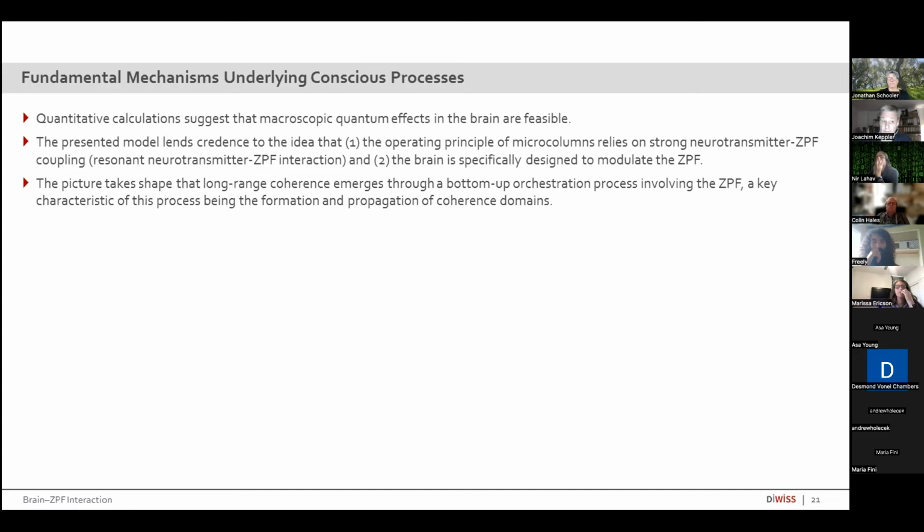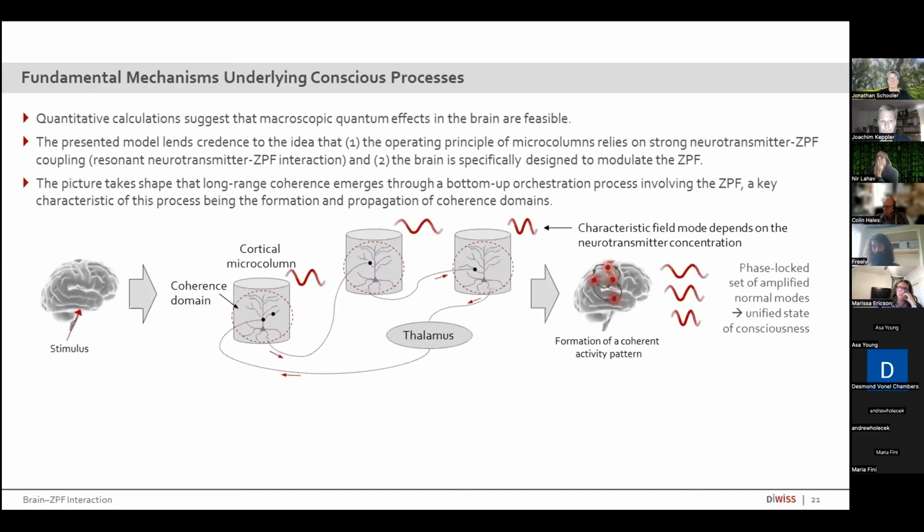And so the picture takes shape that long-range coherence emerges through a kind of bottom-up orchestration process involving the zero-point field. And a key characteristic of this process lies in the formation and propagation of coherence domains. So looking now at a potential model and the theoretical underpinning of conscious perception, we have a stimulus, and what does it do?